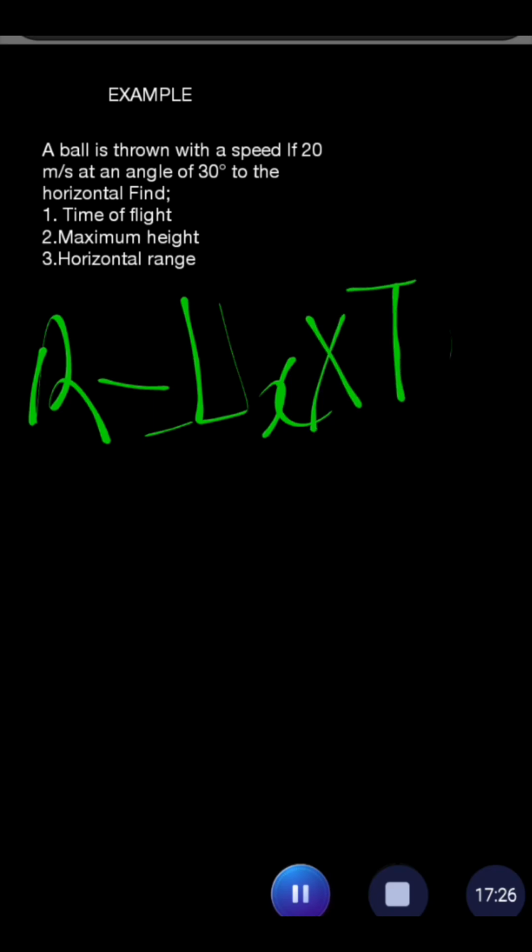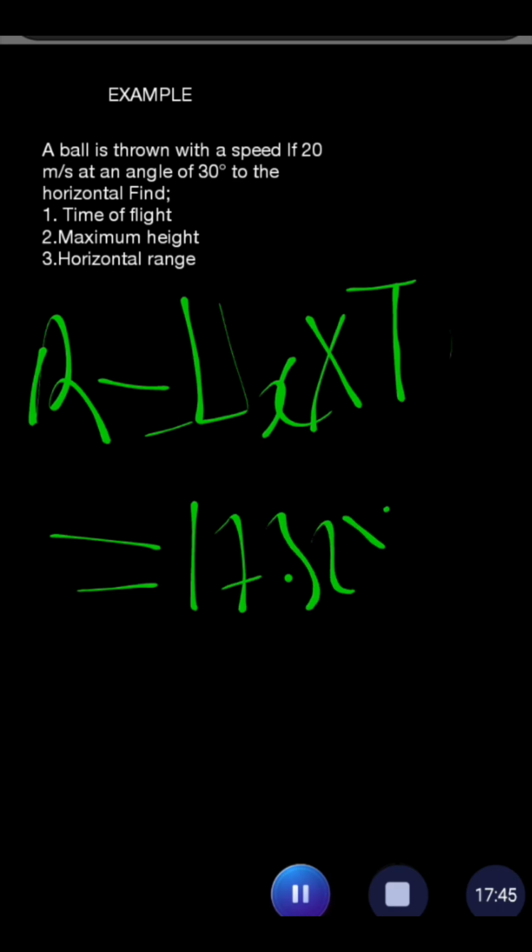So we know that the initial speed in the x component is just 20 cos 30, which is 17.32, times what's the time of flight? The time of flight that we found at first was 2.04. When we multiply these two, the answer we get is 35.3 meters.